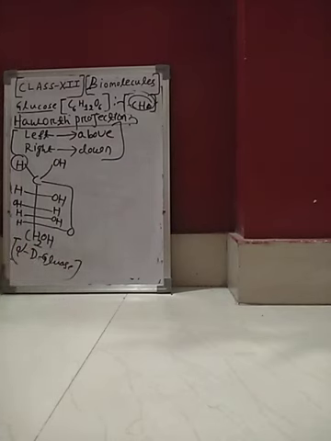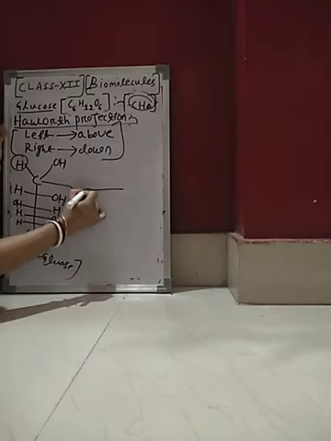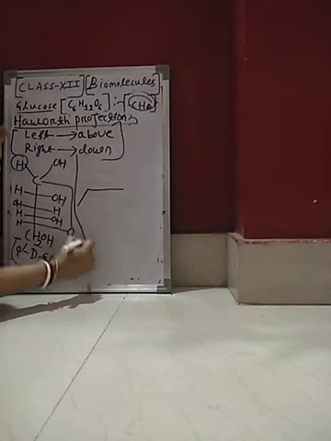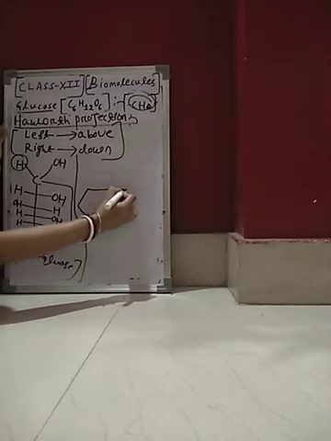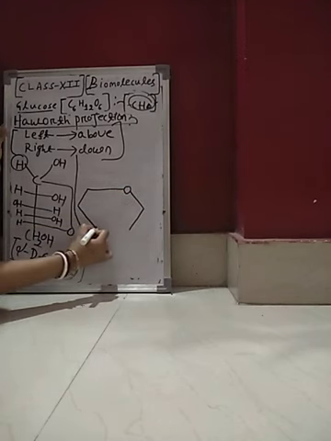So how can I draw the Haworth projection for alpha D-glucose? For the Haworth projection you have to make a ring structure like this, 1, 2, here oxygen is present, 3, 4, clear?